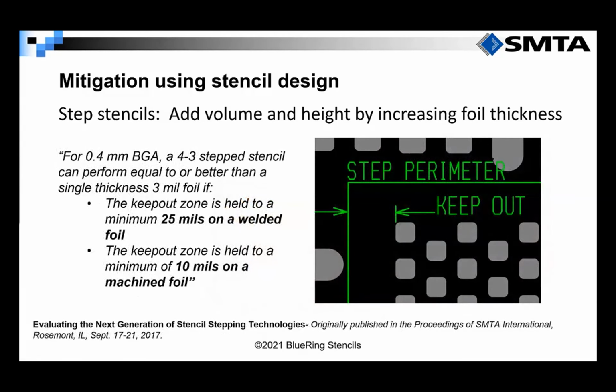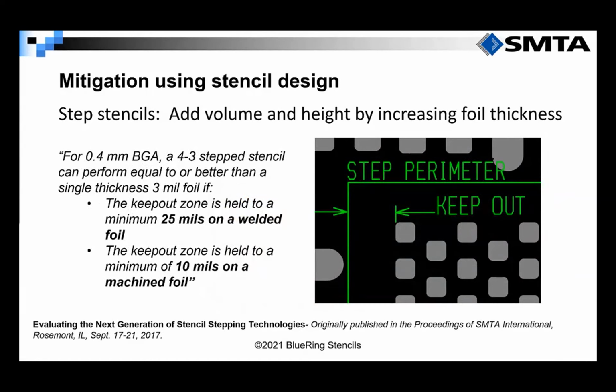Back in 2017, I worked with Chris Shea on a paper for SMTAI. We compared laser welded versus machined 1 and 2 mil step down stencils to see what differences there were in the two technologies. What we found was we could get acceptable print deposits with a laser welded step when the closest edge of the aperture was 25 mils or greater from the edge of the step.